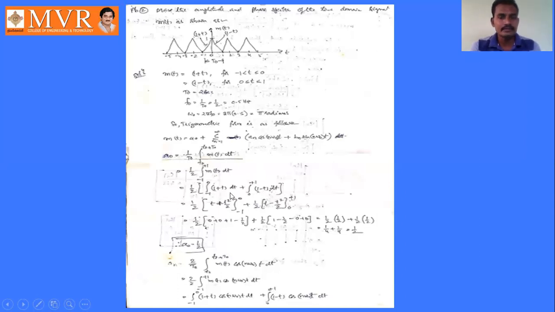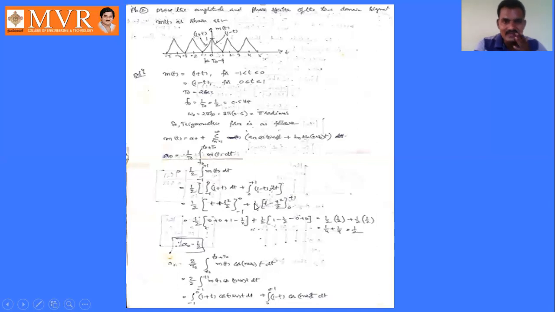By doing the integration, 1 by 2 into integral minus 1 to 0, integral 1 dt is t, plus integral t dt is t square by 2, with the limits 0 and minus 1, plus half into integral 0 to 1, integral 1 dt is t, minus integral t dt is t square by 2, with the limits 0 and 1.